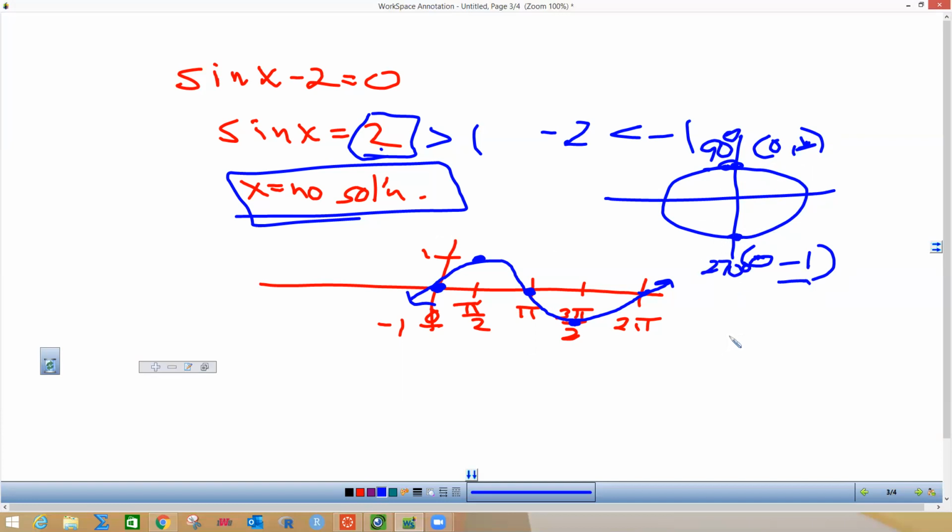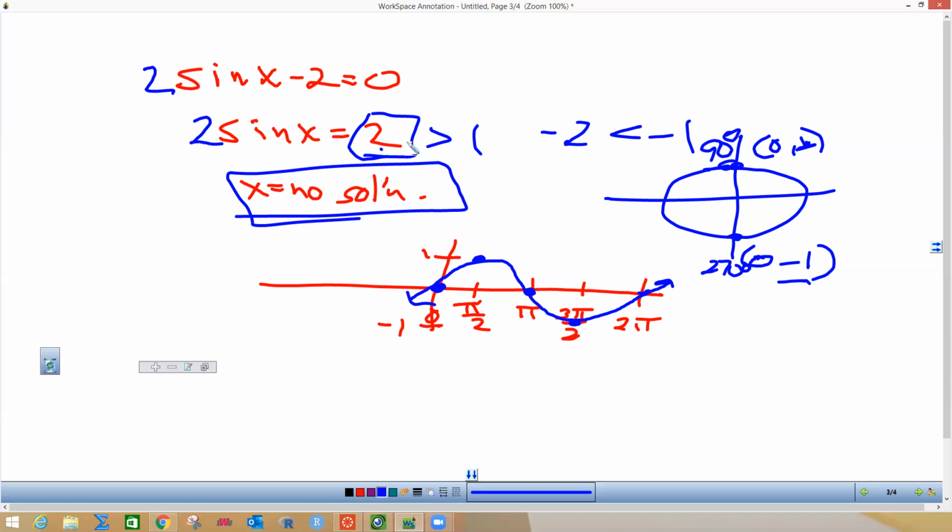Does anybody remember how this could change? What changed? What made my graphs go up higher and down lower? What's that word? Starts with an A. Amplitude. And where did the amplitude number come from? It was in front. You remember that number in front of sine is amplitude? So if I had an amplitude of 2, how would that change?